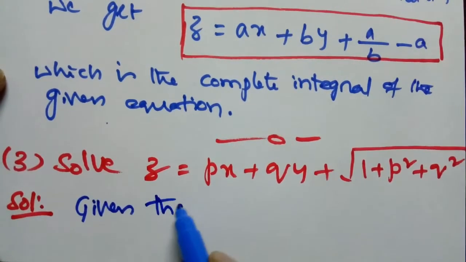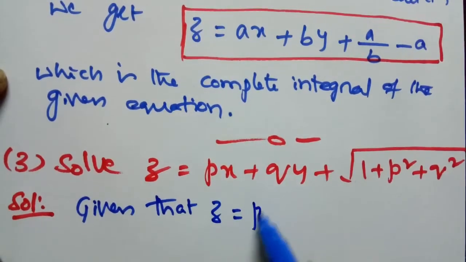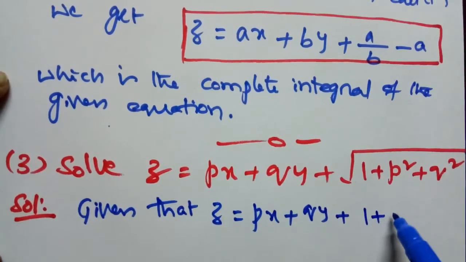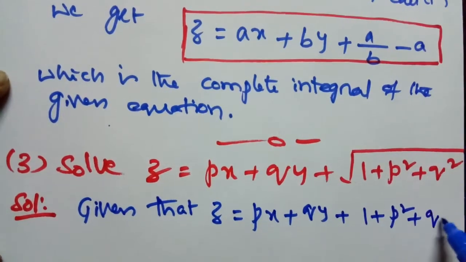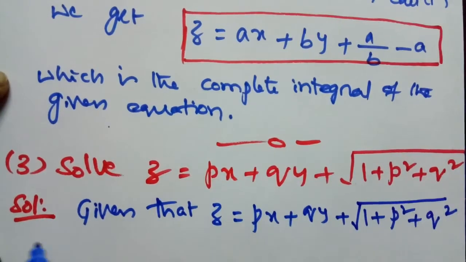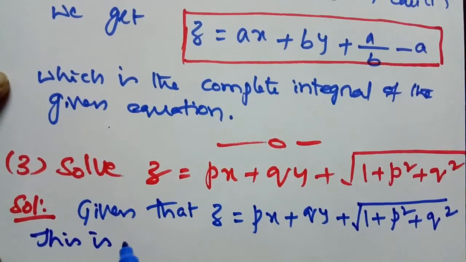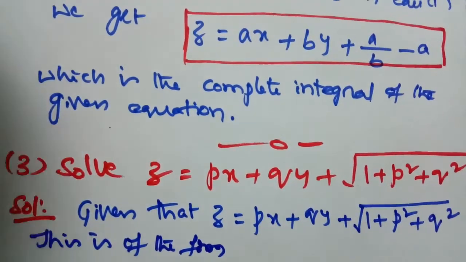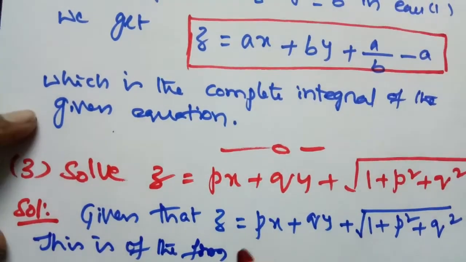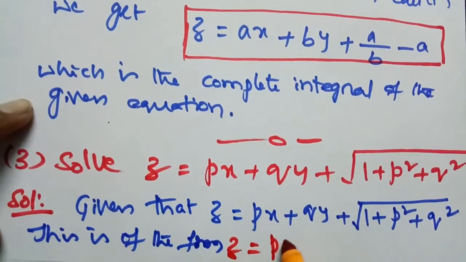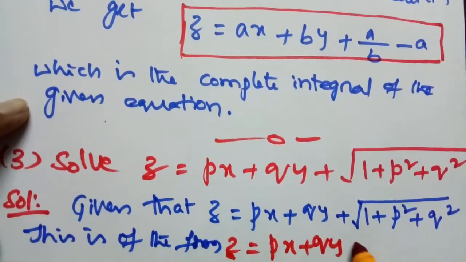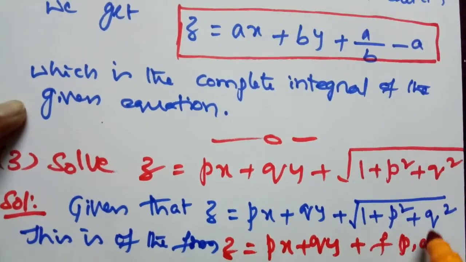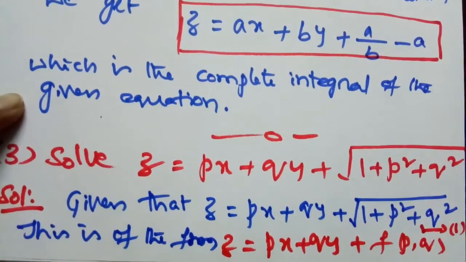Given that z is equal to px plus qy plus square root of 1 plus p square plus q square. This is of the form z is equal to px plus qy plus f of p comma q. Say this is equation number 1.